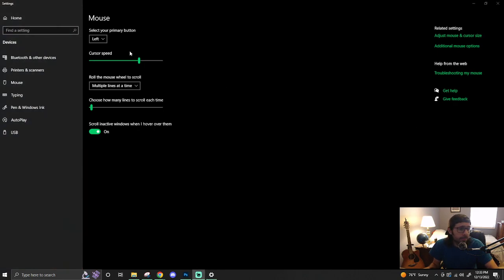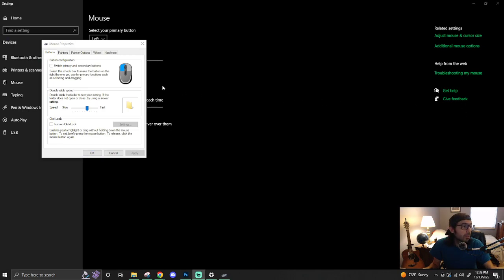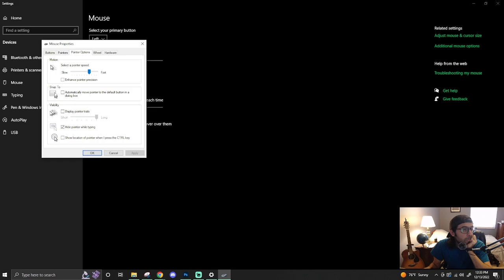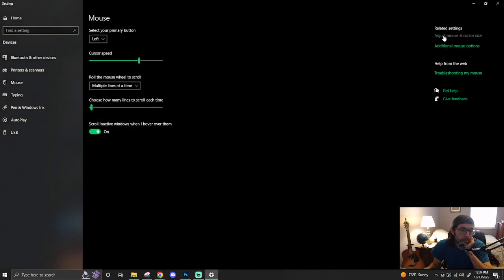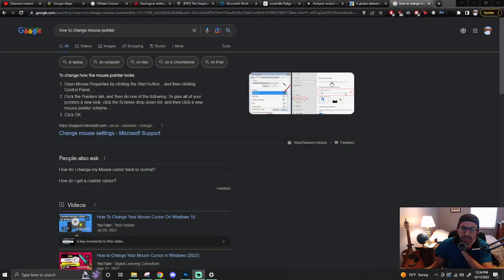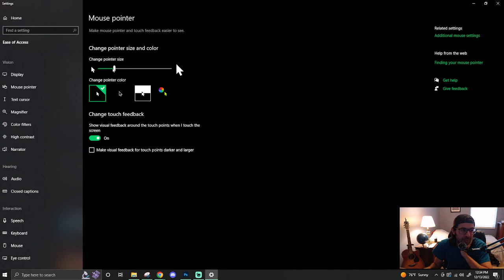What do we got here? Mouse and cursor size. Additional mouse options. Oops.